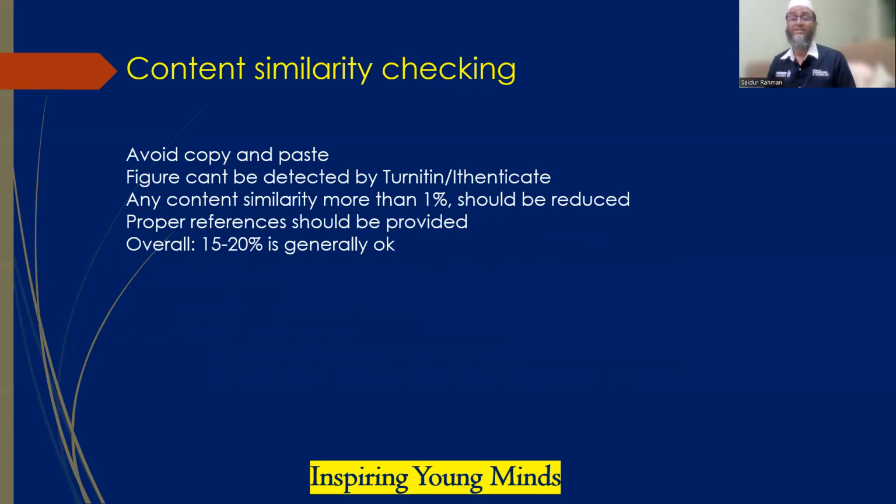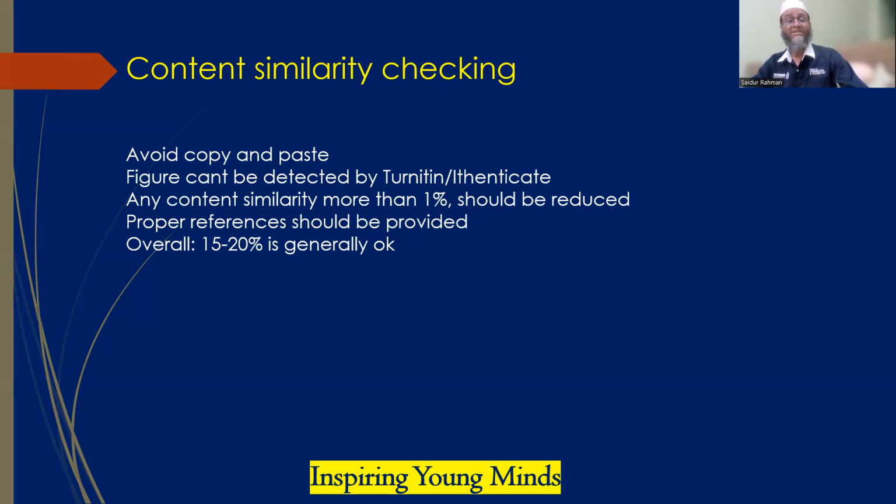They will check through content similarity software. If they find 50% content similarity, you are done. It will give a bad message that the quality of your proposal is very poor, so you cannot defend it, even though you are a strong researcher. It happens, so we have to be very careful.